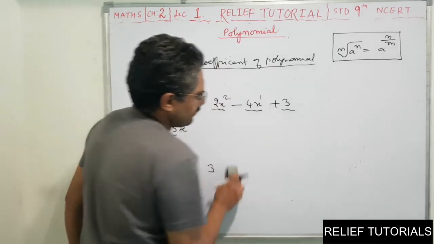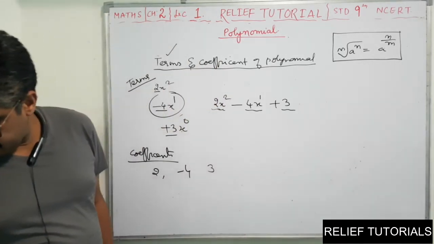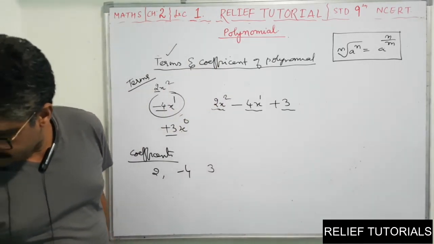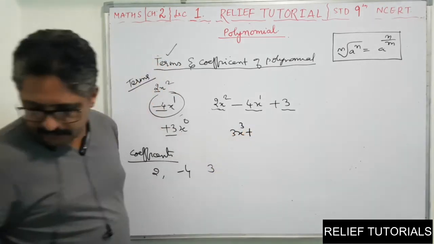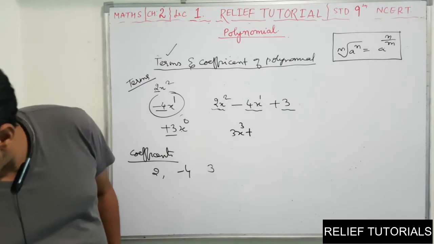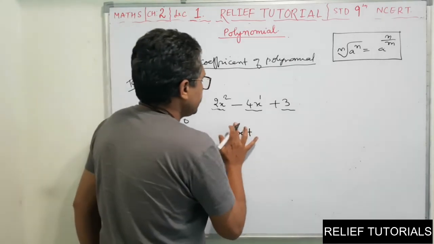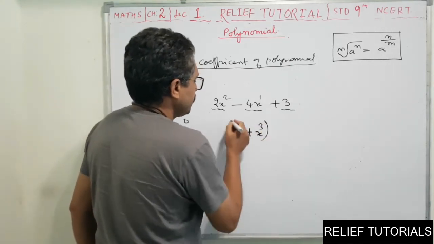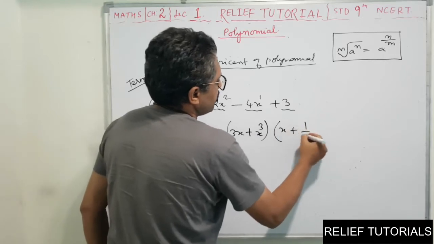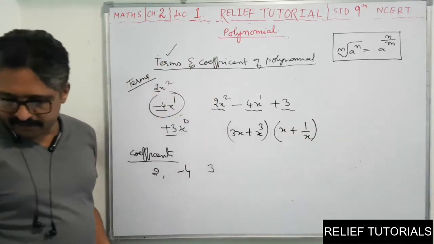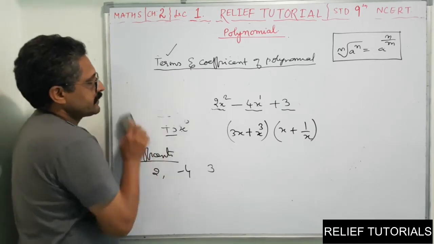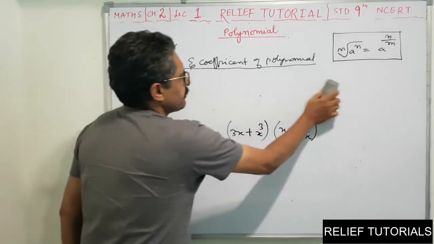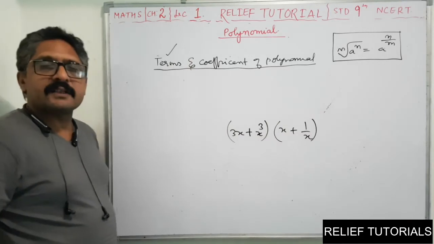See, once again we will see one more example. See this here: 3x cube, or 3x plus x cube, x plus 1 upon x. So this one expression is given here. Now you want to write terms and coefficients.